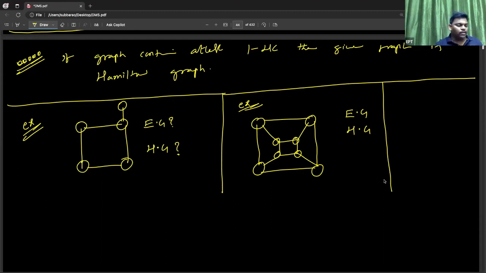Is it Hamiltonian graph or not? And one more problem.